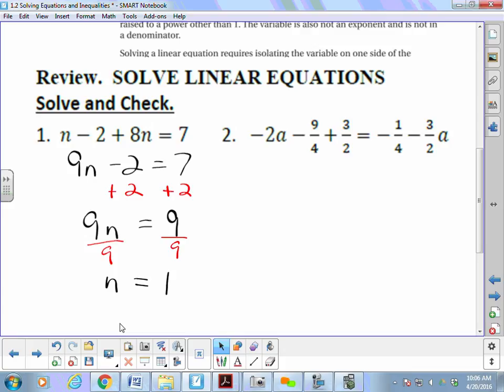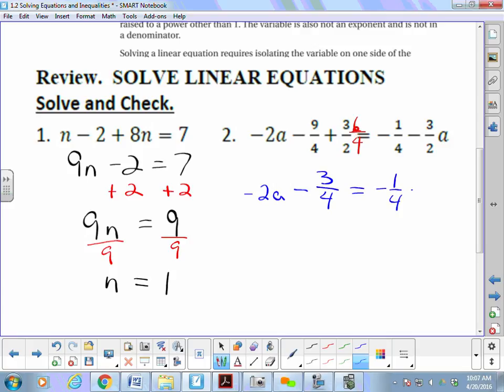So what's the common denominator with 4 and 2? 4. So if I have 3 over 2, that's the same as what over 4? 6 over 4. So when I simplify, the left side here we have negative 2a minus 9 over 4 plus 6 over 4 is 3 over 4, equals negative 1/4 minus 3 over 2a.